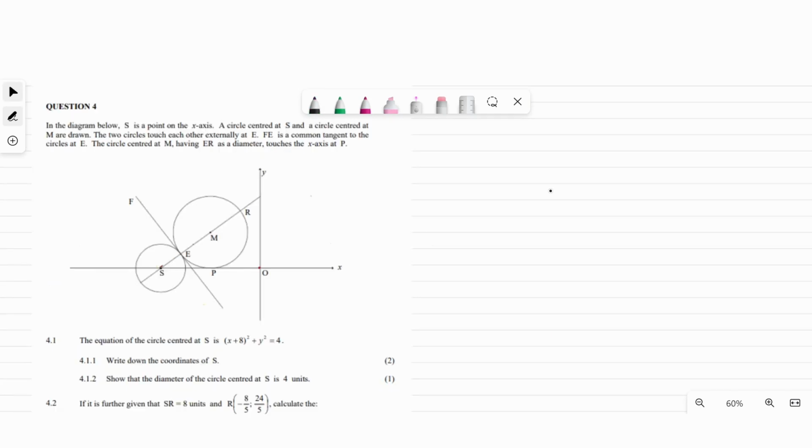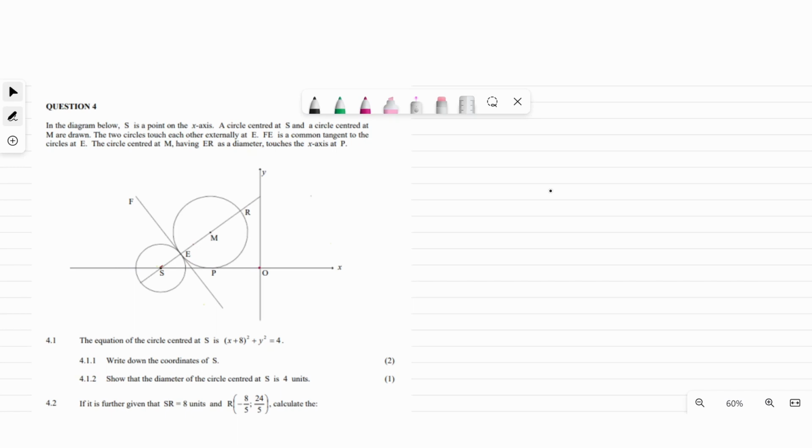So for question 4, it says in the diagram below, S is a point on the x-axis, a circle centered at S and a circle centered at M are drawn. So we have two circles. The two circles touch each other externally at E. FE is a common tangent.